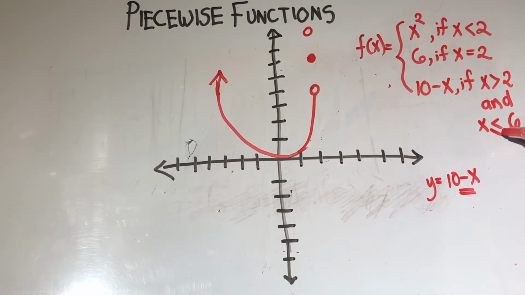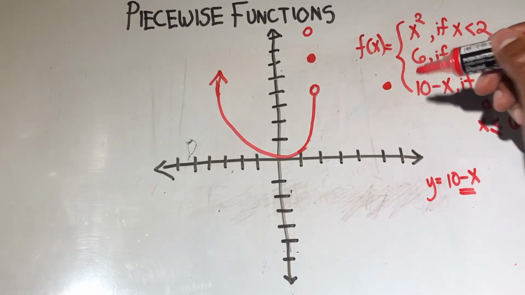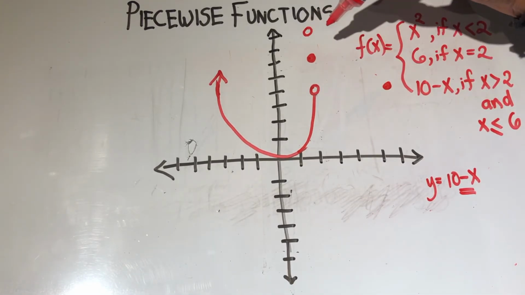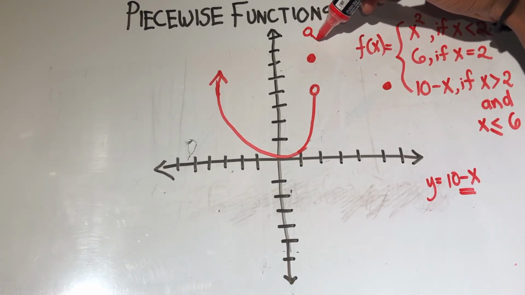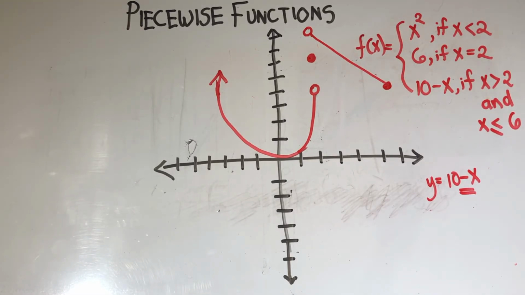And since 6 is included, it's going to be a shaded dot. And all we have to do is just connect those dots. So it's going to be something like this. So that's it for this example.